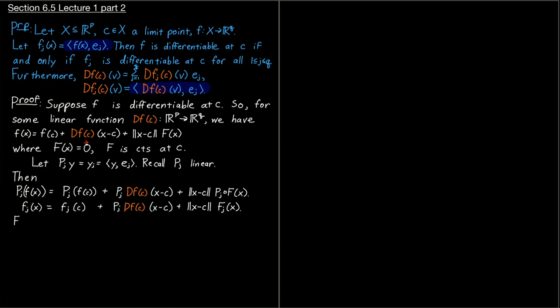Now, fj of c is 0 because f of c is 0. And Fj is continuous at c by example 5.4.6, by the same example we saw before. So we have that fj now satisfies the conditions of differentiability.